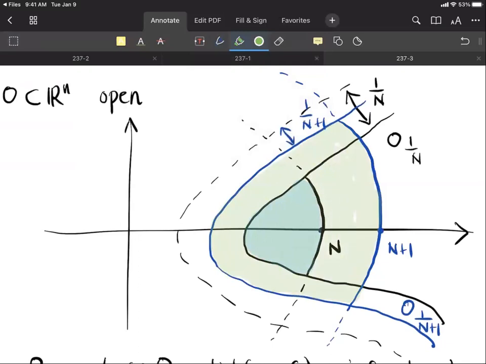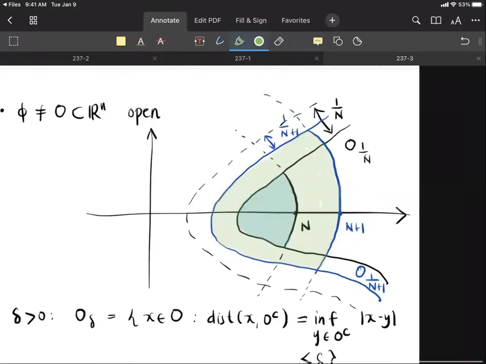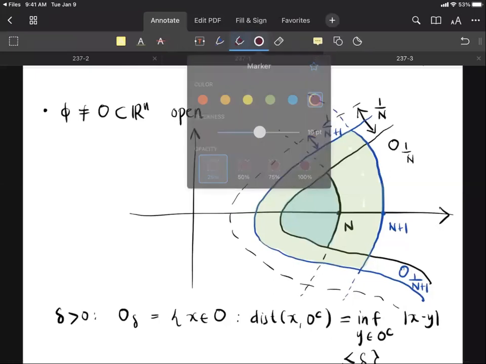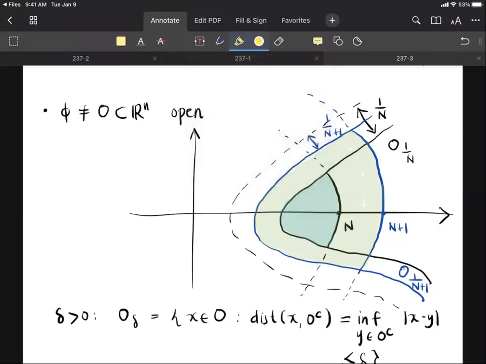So you can see here that by increasing n, we intend to cover the whole open set, which we highlight here in yellow. The whole open set, take note, is this one, and it contains the rest.